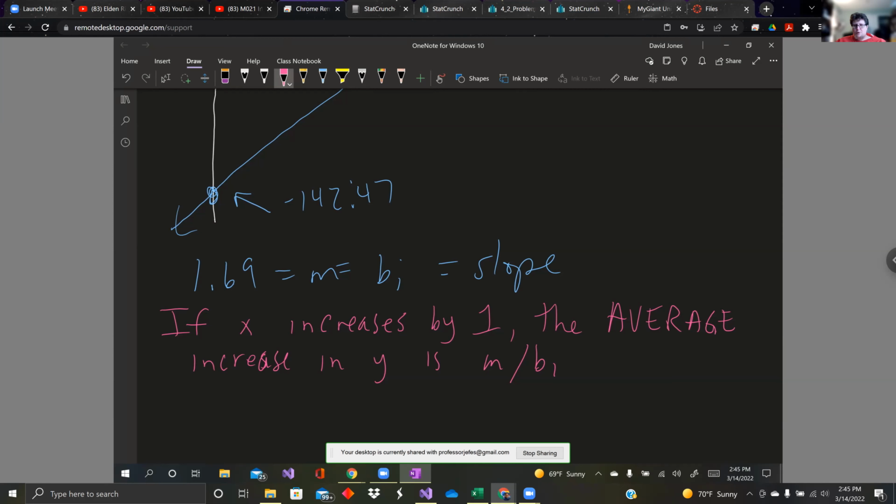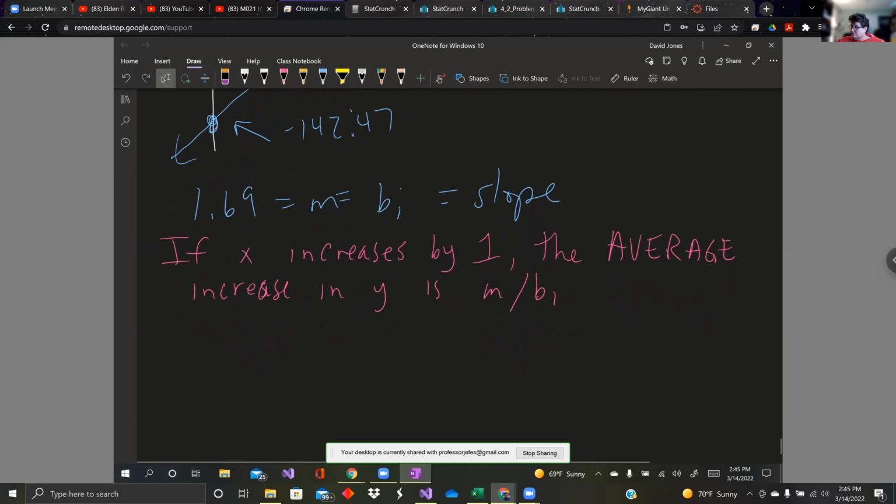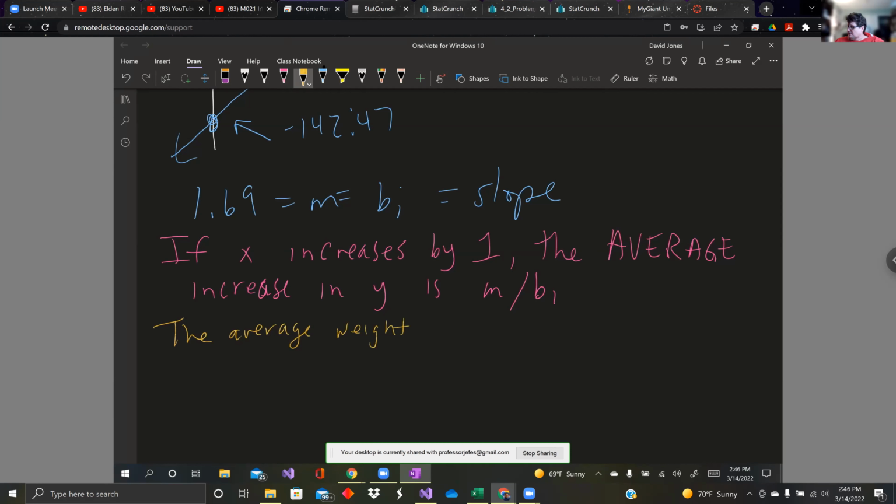So the weight of the bear on average goes up by 1.7 kilograms for every centimeter of the bear. Average weight of bears of this size.